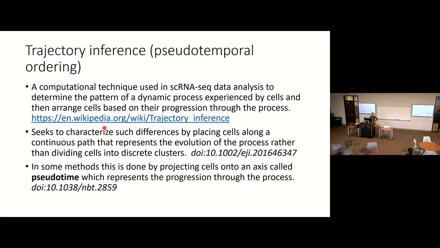So maybe, through computational methods, we can rearrange cells and follow their development or differentiation trajectory to reconstruct time points of single cells which developed at different times.